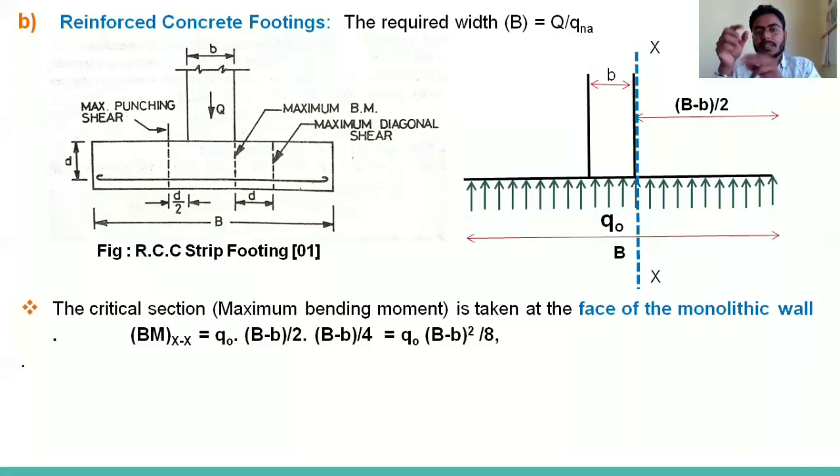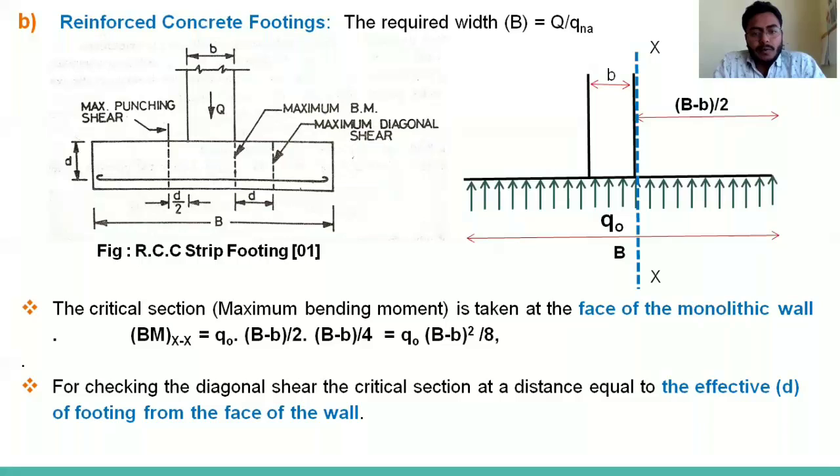Now we multiply it by the lever arm, the distance between the axis and the center of that load. The center of that load would be (B minus b) by 4. By multiplying, you get q naught into (B minus b) whole square divided by 8. This is the formula that you can apply everywhere when calculating the maximum bending moment for a critical axis.